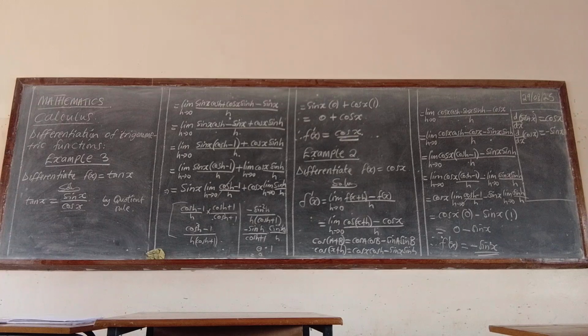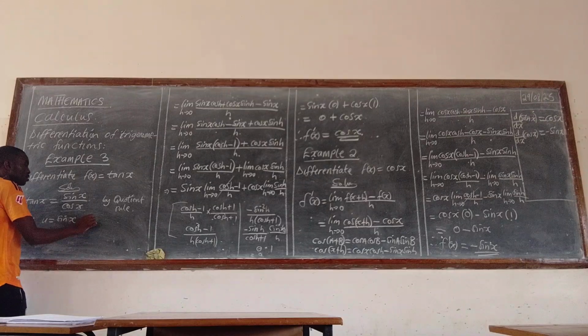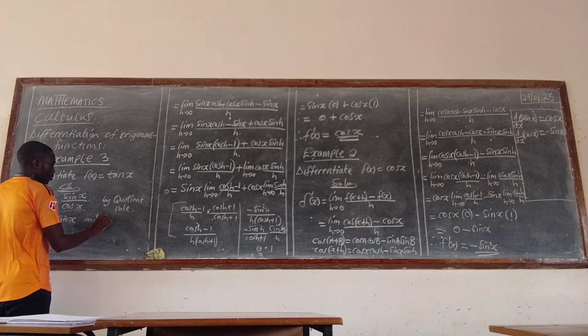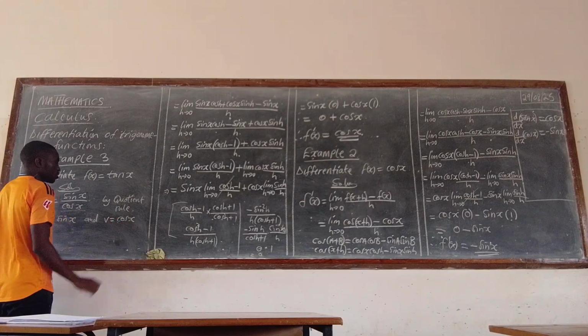Now, for easy calculations, I'm going to say let u be equal to the sin x and v be equal to cosine x.